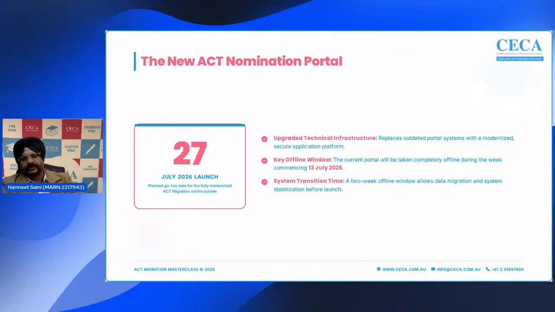The current portal will be taken completely offline during the week commencing 13th of July 2026, which means after 13th of July this month, this system is completely shut down, and the introduction will take some time, 1 or 2 weeks. So from 27th July onwards, the new portal will take place and be implemented.